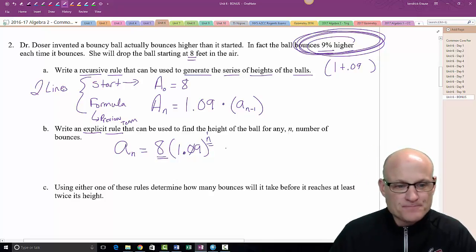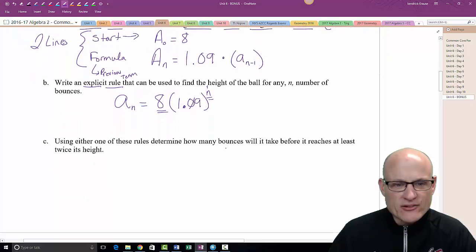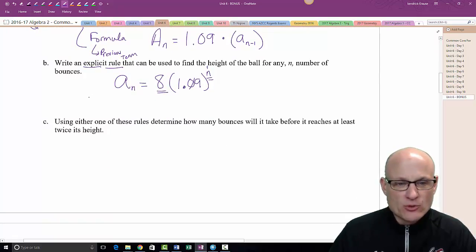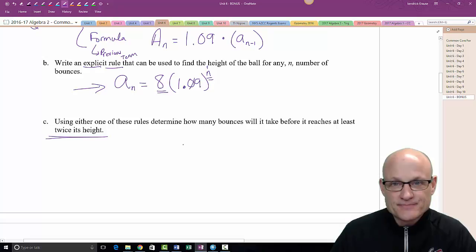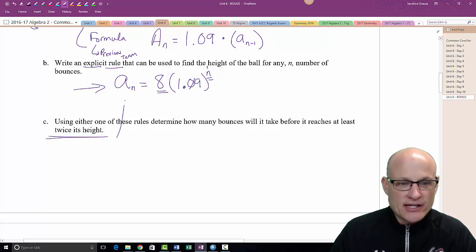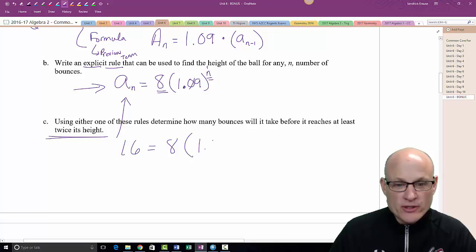So anyway, now let's answer this last part. Using either one of these rules, and I'm going to use this exponential rule. The other one's a pain in the neck. Determine how many bounces it will take to reach twice its height. So, what is twice its height? In this case, 16, is equal to 8 times 1.09 to the n.